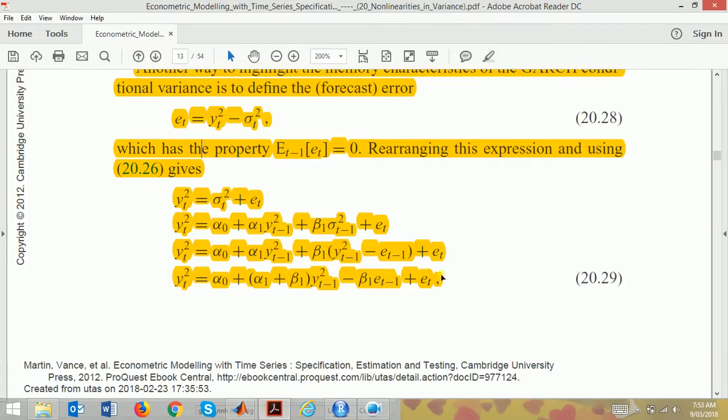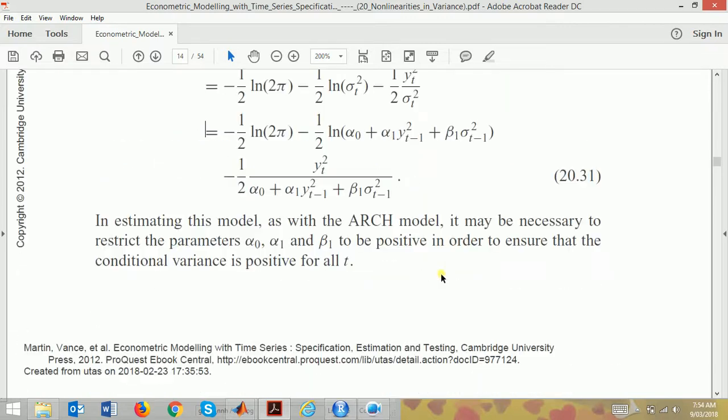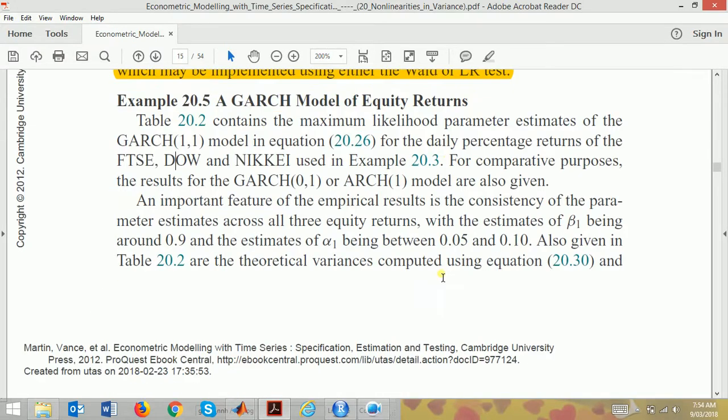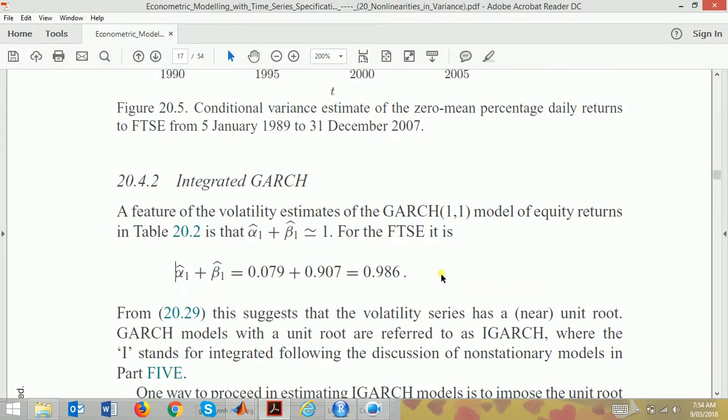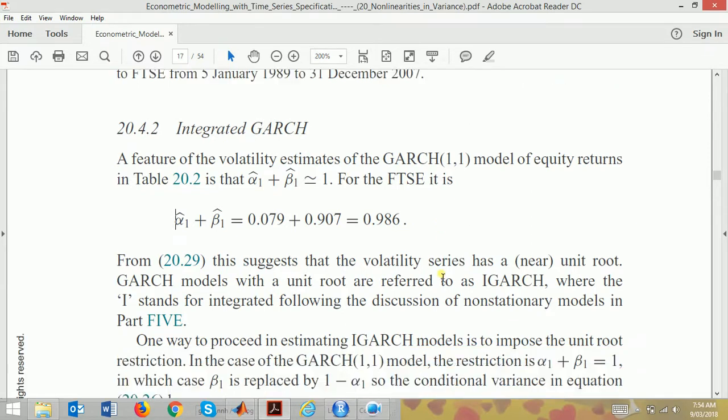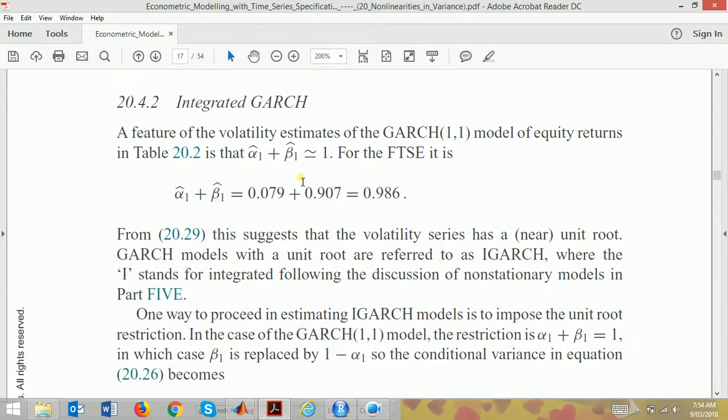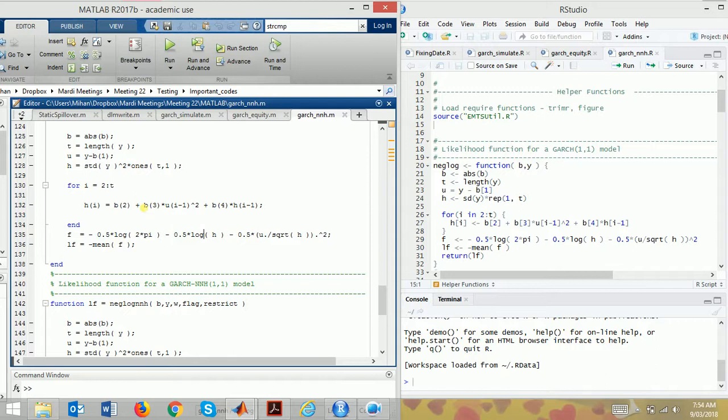So let's get back to our iGARCH example, integrated GARCH. Oh yeah, I'm really sorry. 1 minus beta 1 is because alpha 1 plus beta 1 should be equal to 1. And so our beta 1 is 1 minus alpha 1. And that's why y minus beta 1.